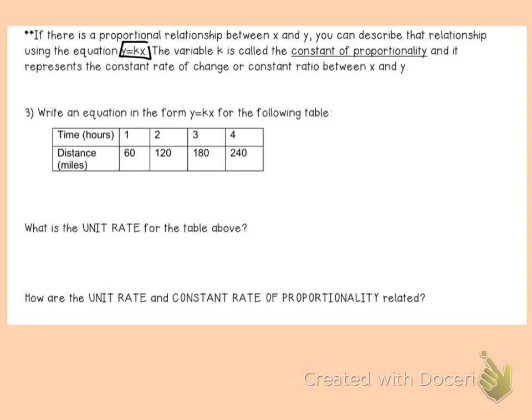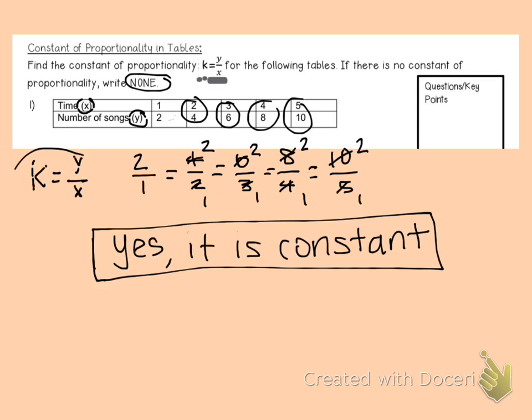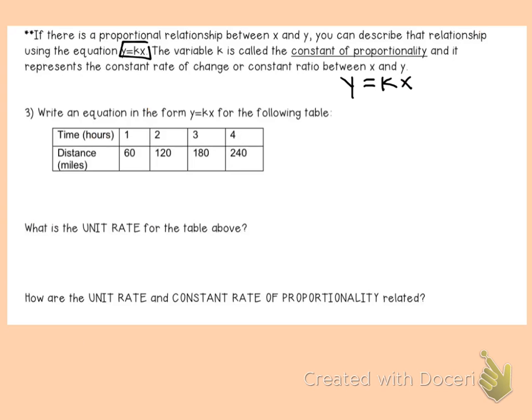Just looking at this formula right here, on the previous page we used k equals y over x. So let's say I wanted to get k by itself. I would divide by x to get rid of x, right? And that would leave me with k equals y over x.